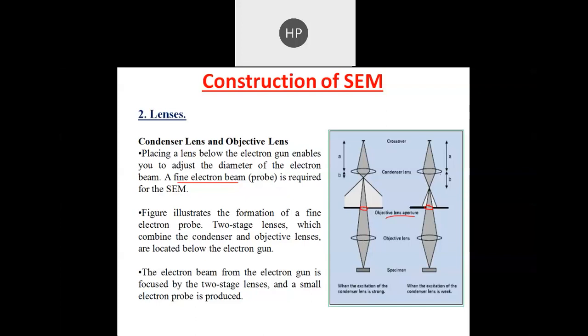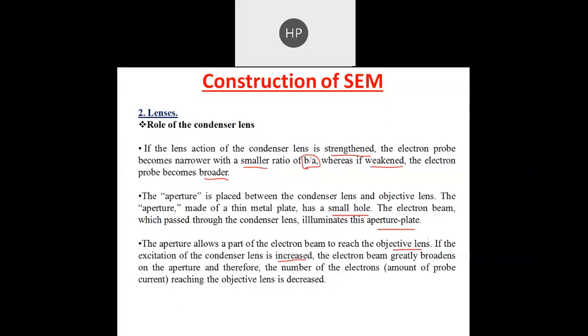While here, if we change the B to A ratio, the electron beam will be broadened in a small area, and a large number of electrons will pass through that hole of the aperture, and maximum electrons will be passed to the objective lens.